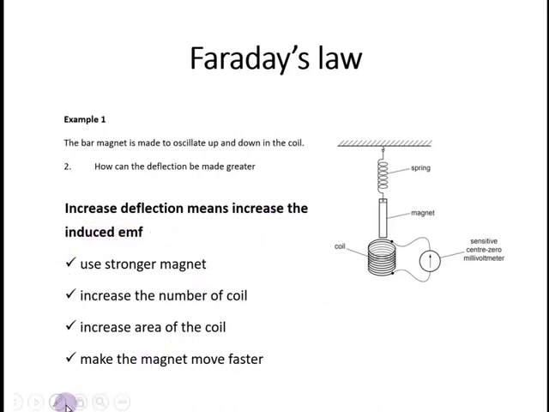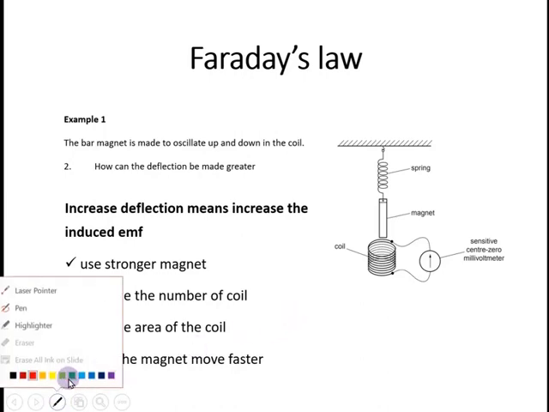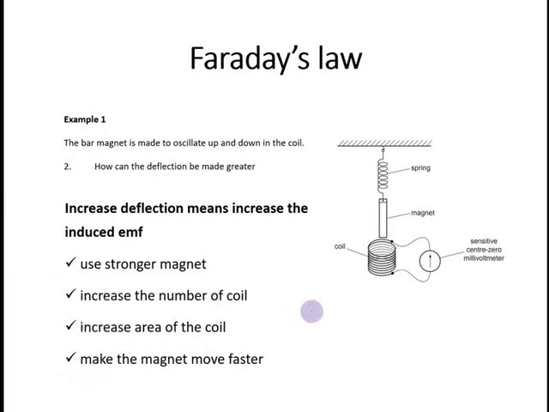I've forgotten to write. Let me see if I can write it here. So Faraday's law tells us that we can have change in phi, that's the magnetic flux, with change in time.